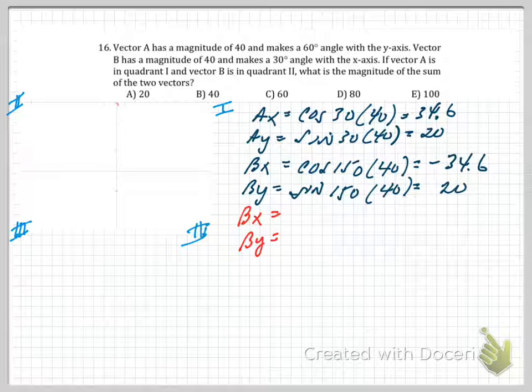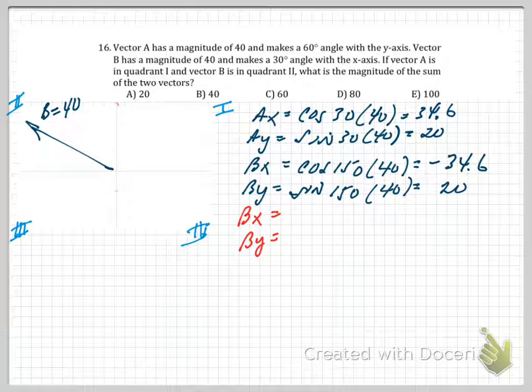Let's get rid of it all. So we had B equal to 40, and it makes a 30-degree angle with the x-axis.